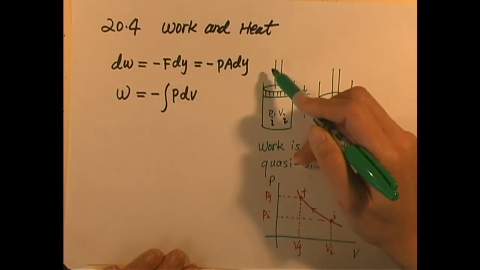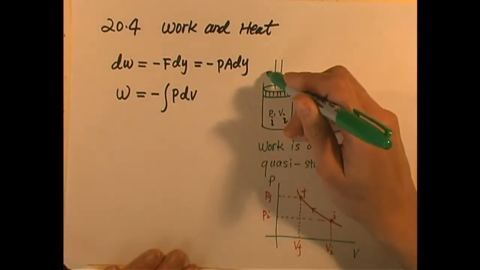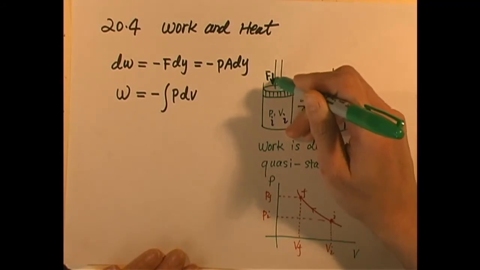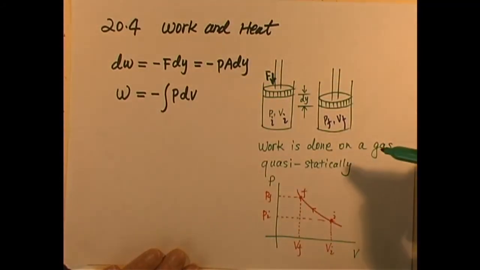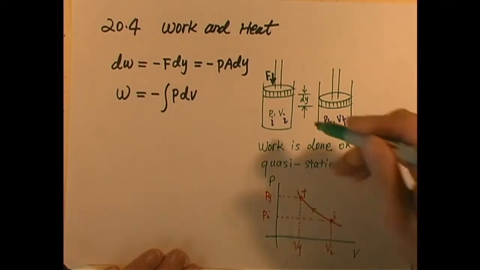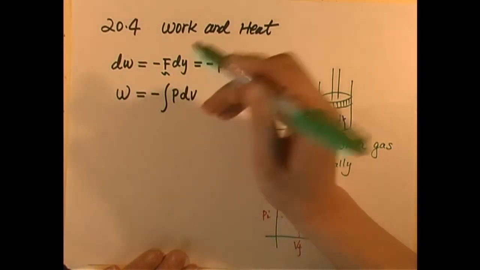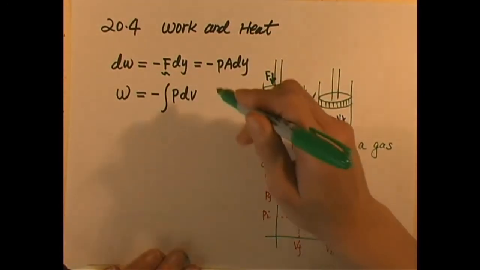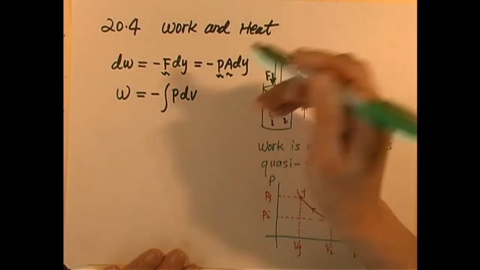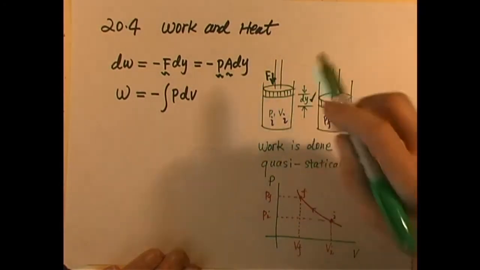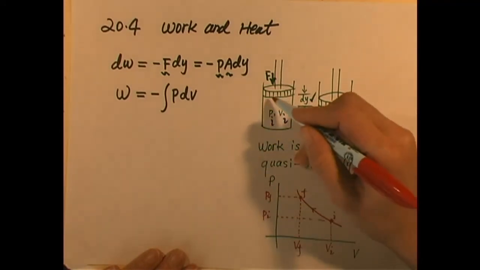So what we do is, outside, because we have to use a force F to push it down. The force pushes the piston down, so that force has a displacement dy. That force does work. At any moment the force can be expressed as the pressure of the gas inside times the cross-section area.